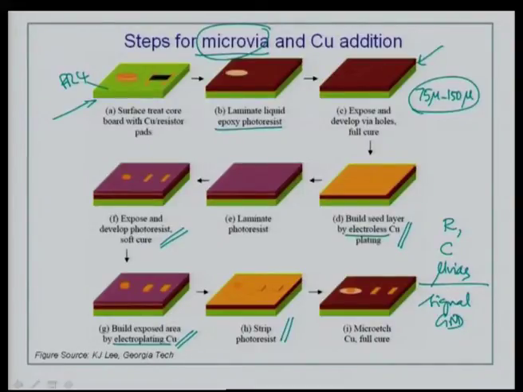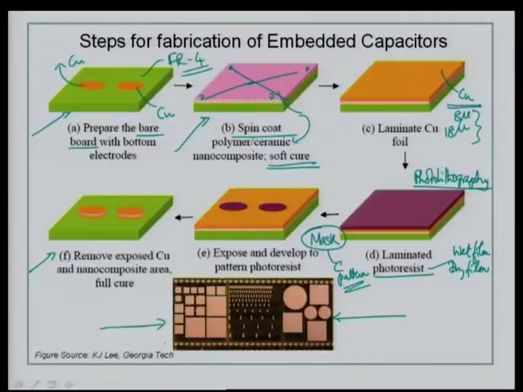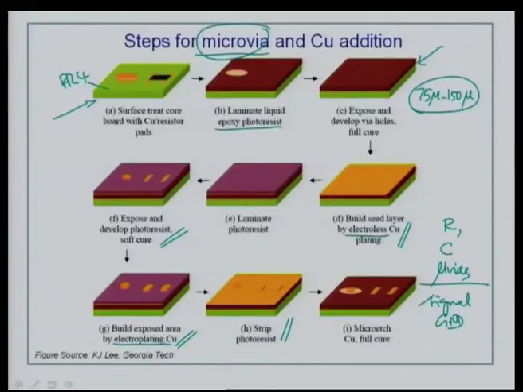Now, in the entire process, the previous fabrication and this particular step, I would like to mention a very key issue. The issue is adhesion of the dielectric material with the copper, which is a key issue in terms of reliability. So, at every stage, whether it is embedded resistor formation or capacitor formation, please look at the peel strength issues that are always related to reliability between the dielectric material and the copper.